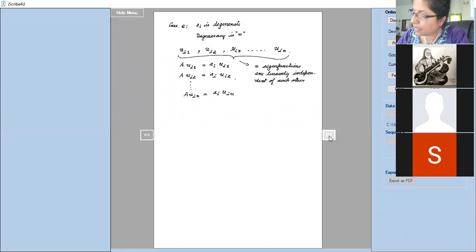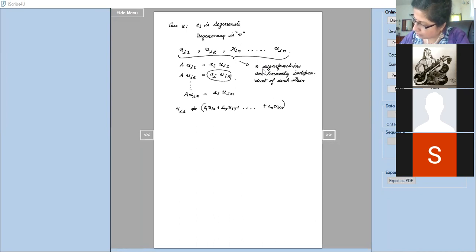They are all linearly independent of each other. Okay. What does that mean? It means that I cannot pick up, let us say, ui2, and it's not possible for me to write it as a linear combination of some c1 ui1 plus c3 ui3 plus ... cn uin.